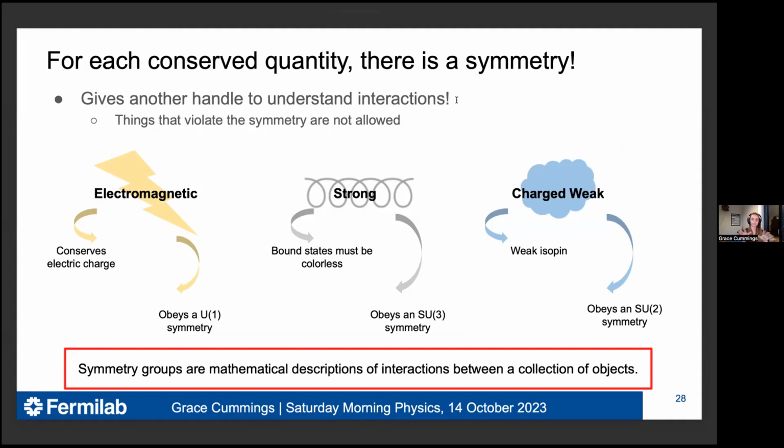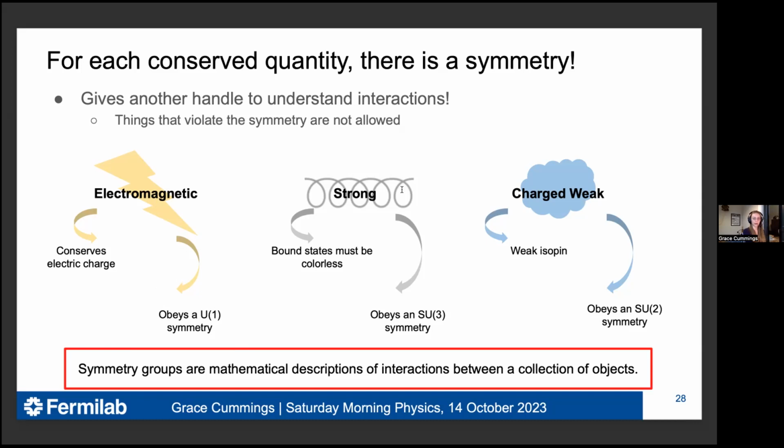And here I have the three forces or interactions in the standard model and what they end up doing. The electromagnetic force, of course, whenever you have an electromagnetic interaction, it has to conserve electric charge. What this ends up doing mathematically is obeying a U1 symmetry. I'm not expecting you to know what this U1 symmetry is, but there's conservation of charge. We obey this U1 symmetry.